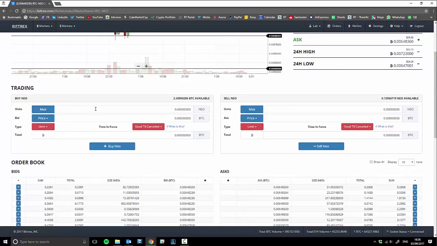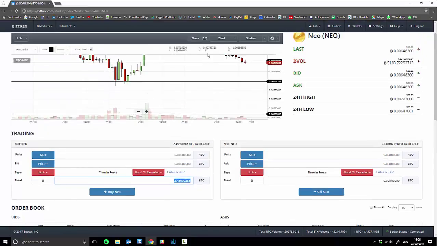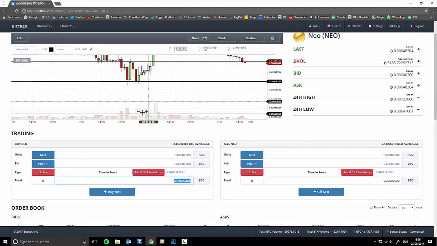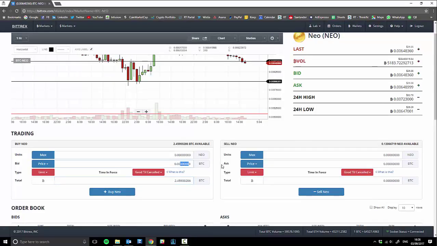So I'm buying NEO, and I just click that price there, so you can see we've got the full amount of my spare Bitcoin there. We're dictating the price in Bitcoin here, so 006. It's always good to idiot check it: 2 zeros then a 6, yep, 2 zeros then a 6, and then click max.